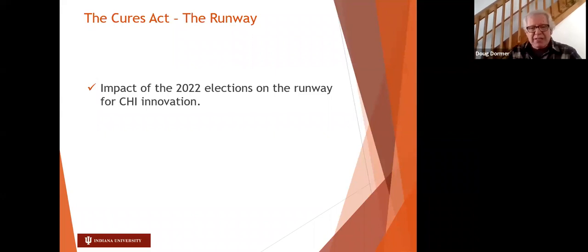What that means is that the policies around the Cures Act, implemented particularly during the first couple of years of the Biden administration, those rules which have been promulgated in the last 2 to 3 years, aren't going to change.